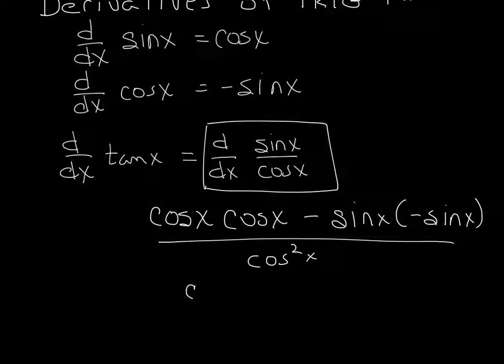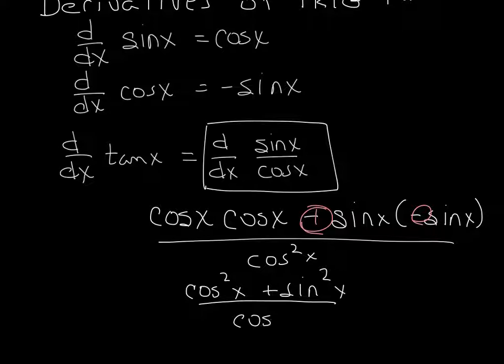So we have cosine squared x, and this negative plus this negative becomes a positive, plus the sine squared x over the cosine squared x. And so cosine squared plus sine squared is 1 over the cosine squared x.